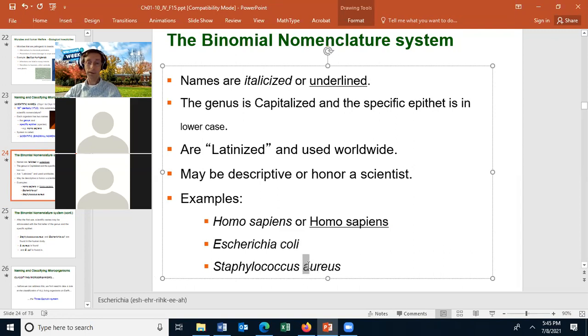Aureus means golden, and Staphylococcus aureus is golden or yellow. And then Staphylococcus means that the cells are shaped like a cluster of grapes, staphylo, and then they're in balls, and that's what coccus means. All right, any question about any of that?